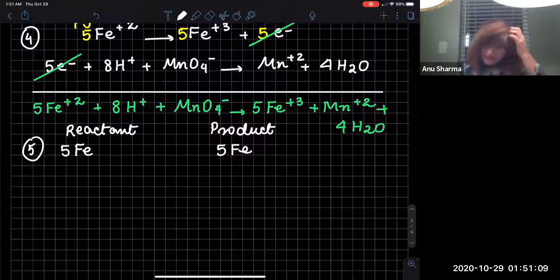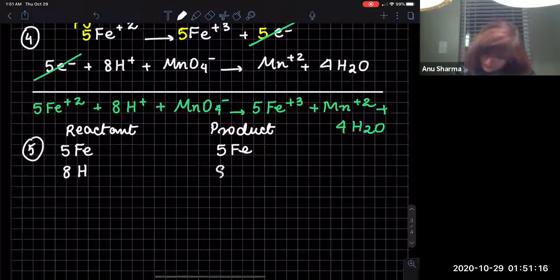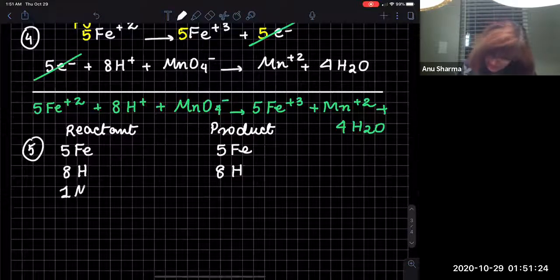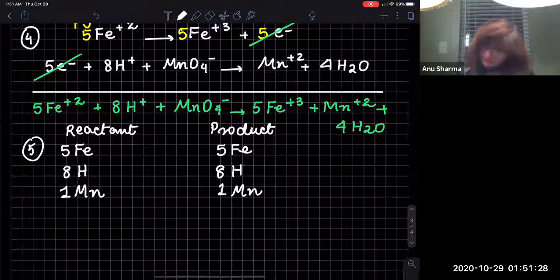Then we have 8 hydrogens on the reactant side, and 8 hydrogens on the product side. Then we have 1 manganese on the reactant side, and 1 manganese on the product side. We have 4 oxygens on the reactant side, and 4 oxygens on the product side.